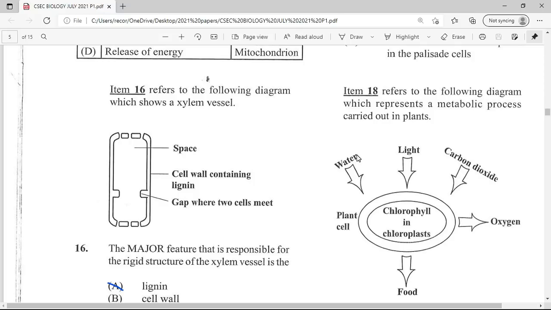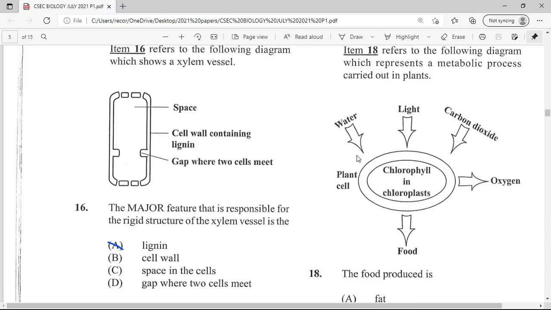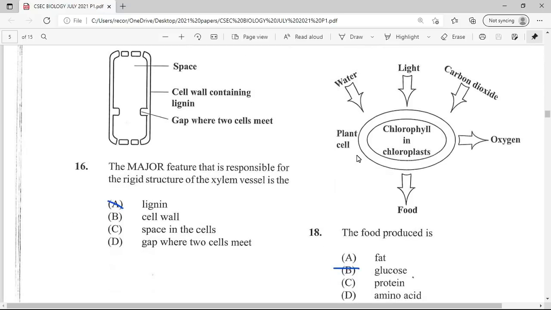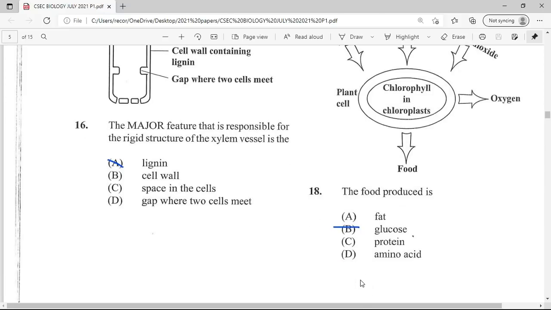Glucose is given off, but it is starch that is stored because starch is not as soluble as glucose. So the plant stores that excess as starch. And of course, we'll talk about others. You could go to my videos on my channel on photosynthesis for more on that. So here the food produced is of course glucose. As it were for photosynthesis, your answer for 18 is of course going to be glucose.